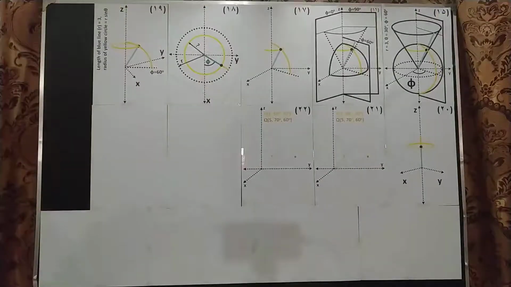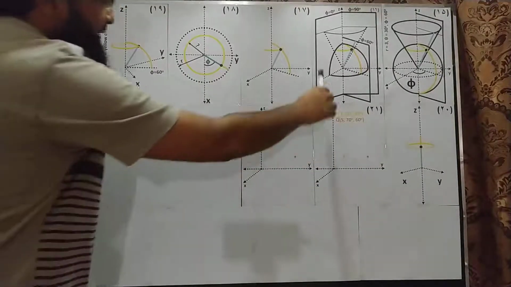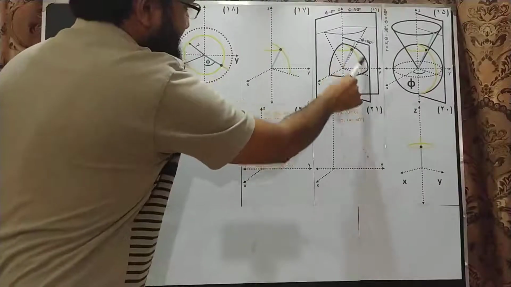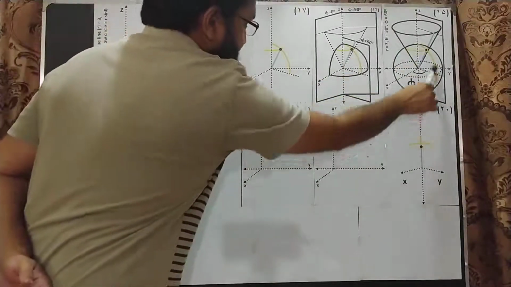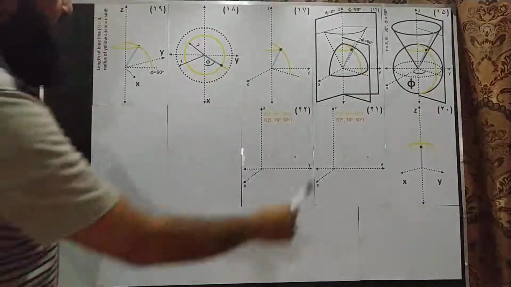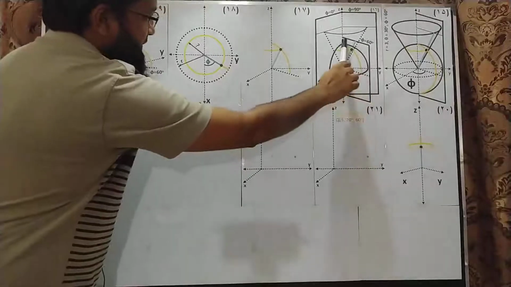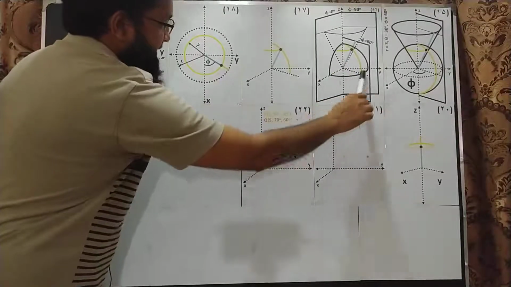Okay, so because at the intersection of the radial plane and the sphere we have got these curves, always remember that. So these are the special curves.